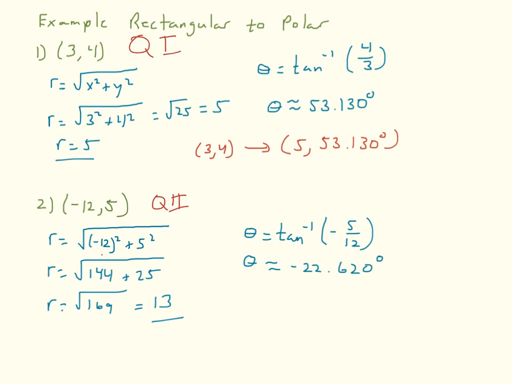in the fourth quadrant. To go through on that, what I'm going to have to do is add 180 to that. When I add 180, I get 157.380 degrees.